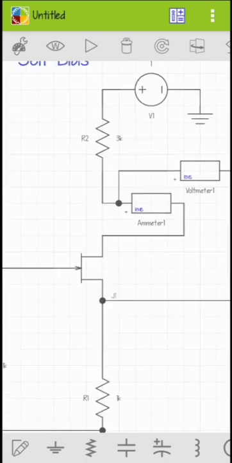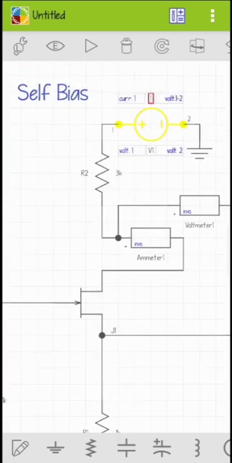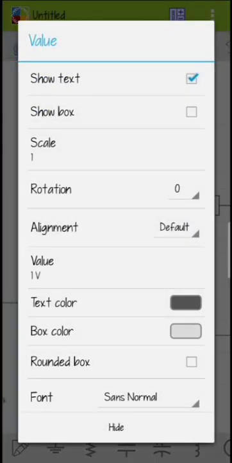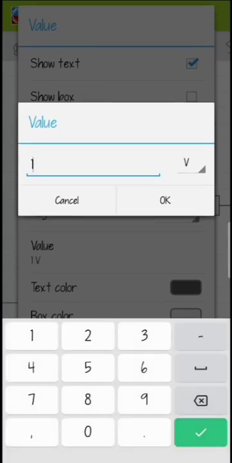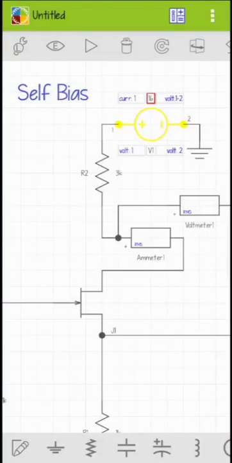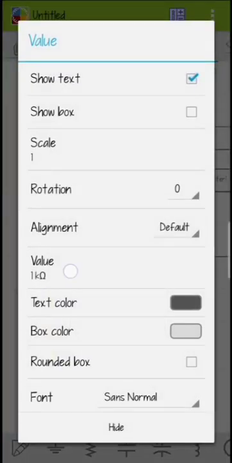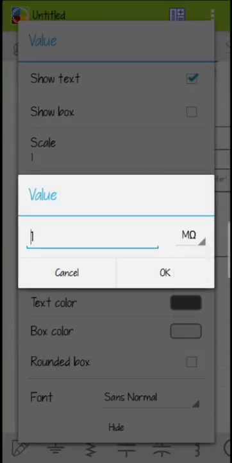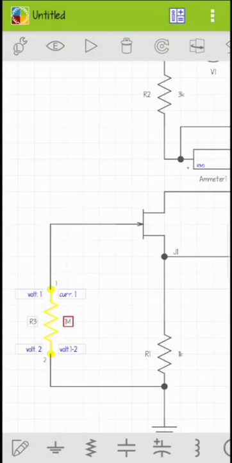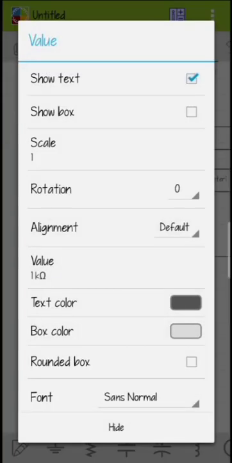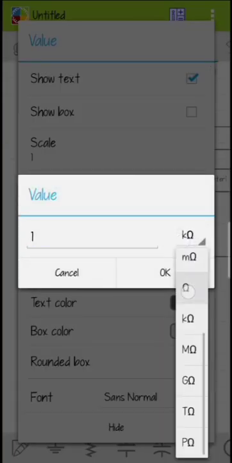And then for power supply I'm giving 16 volt. For gate resistance I'm giving 1 mega ohms. And at last for source resistance I'm giving 500 ohms.